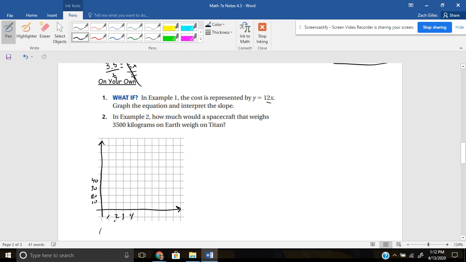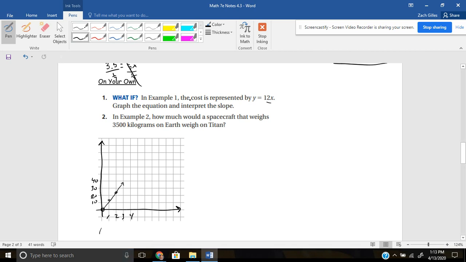It's going to be very similar, except now our first point will be at the origin, and our next point will be at 1, 12. So this is going to be a little bit steeper of a slope. 2 would be at 24. Okay, so on and so forth. You just keep going like that.